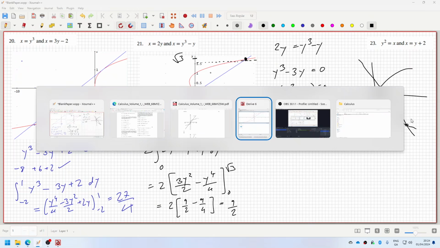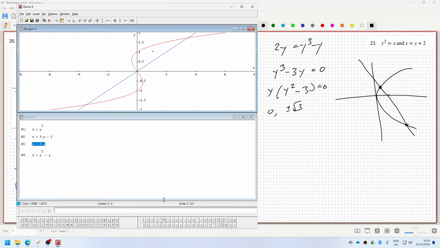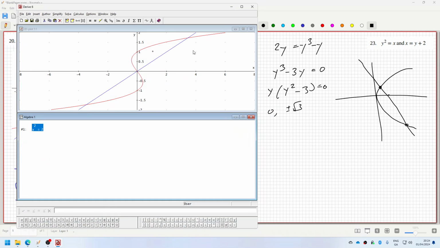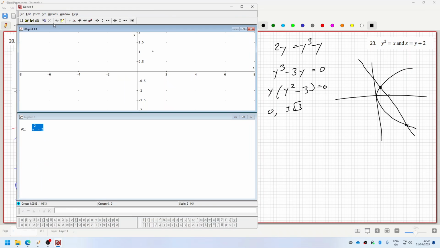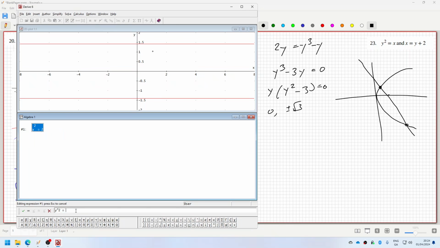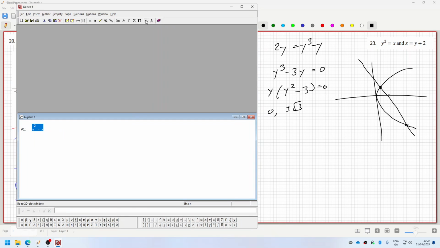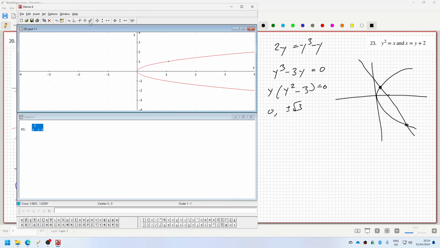Let's check it out. And then x equals y plus 2.